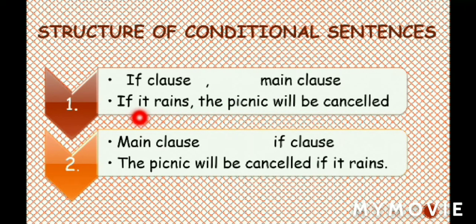For example, if it rains, comma, the picnic will be cancelled. Number 2, but if we switch the clauses and begin our sentence with the main clause, then no comma is required. Let's switch the clauses here. The picnic will be cancelled if it rains. No comma here.